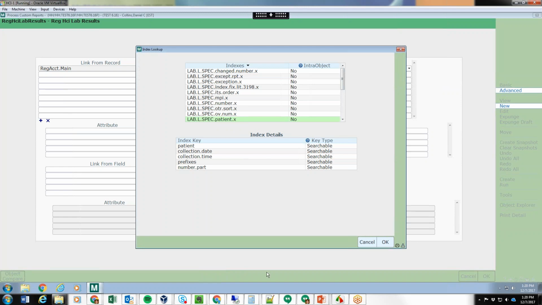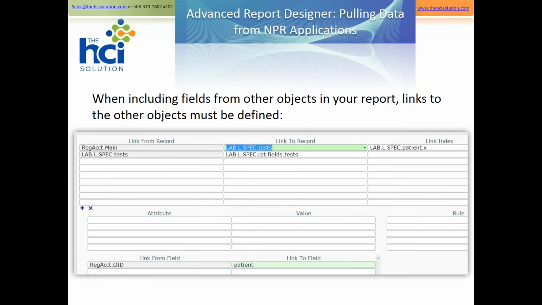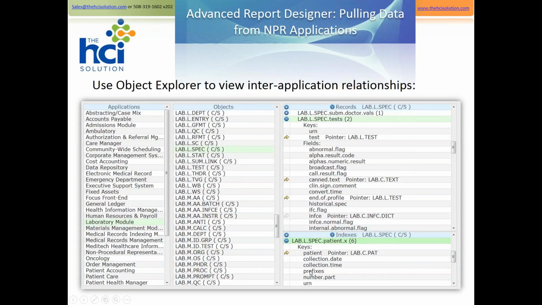Let me show you. You can see that here in this screenshot, where we're listing that we do point back to the specimen URN. I'm not sure why in the link screen it doesn't show that.